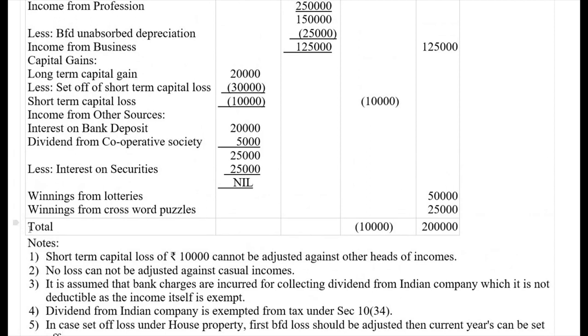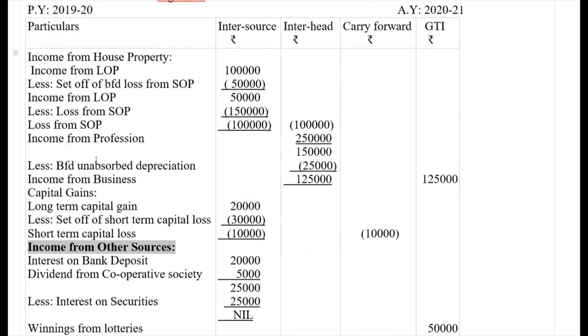Now I think the notes are enough here. So let me make these things bold. Then here it is income from profession.